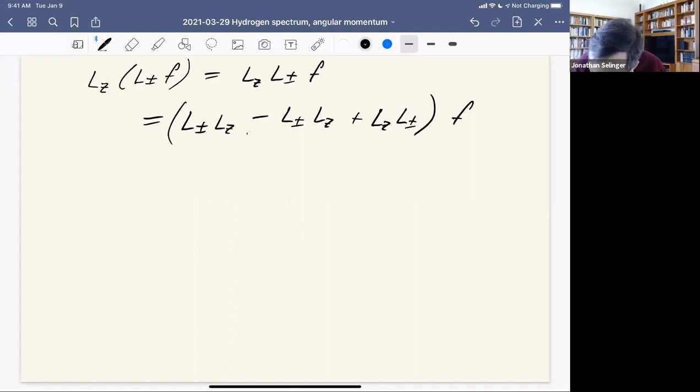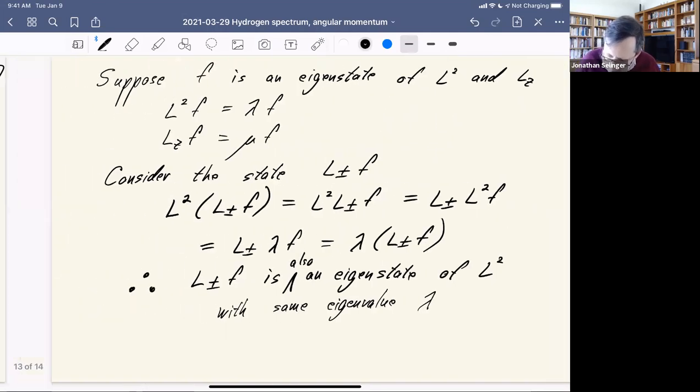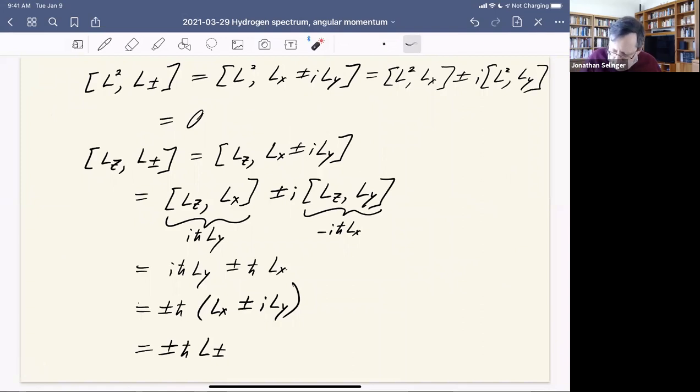Right? So all of this stuff, this is the commutator of LZ with L plus or minus. And we know what this commutator is, right? This commutator is equal to plus or minus H bar L plus or minus, because that's what we found back here.